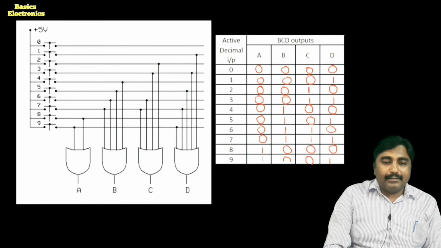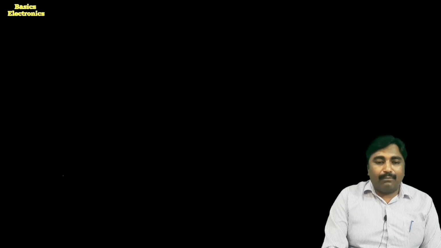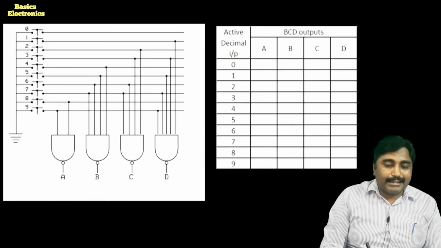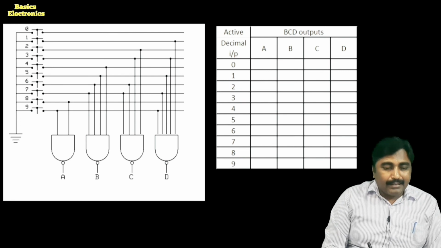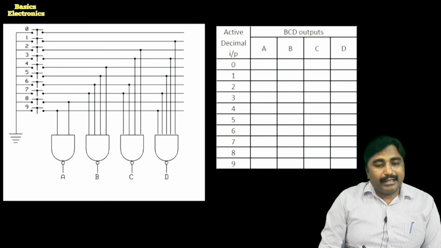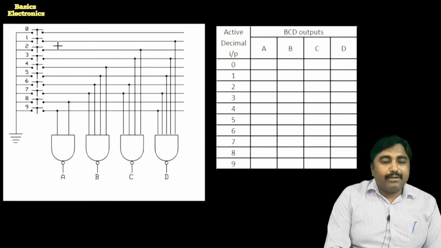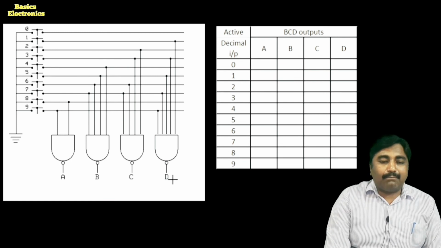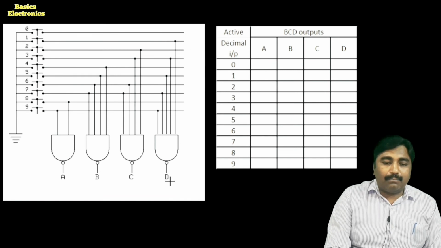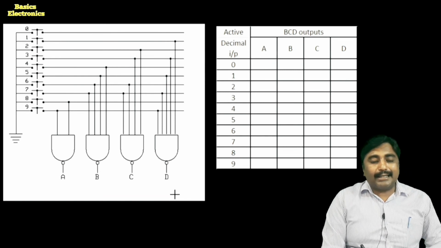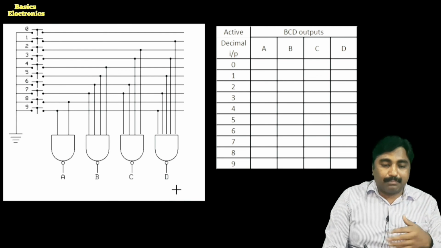So this is the logic diagram of the decimal to BCD encoder using NAND gates. Now once again we see the connections. See here the connections required for the D gate. We already mentioned when the output of the D gate is equal to 1, that is, when which switches are pressed.